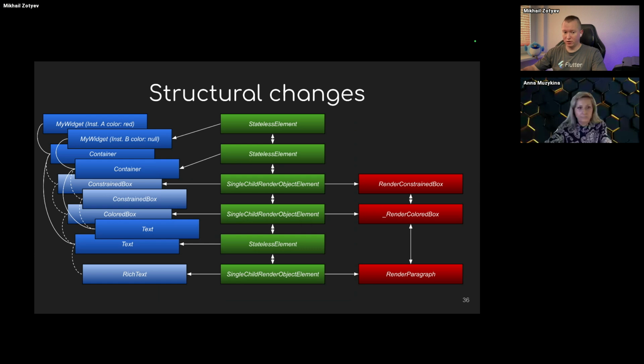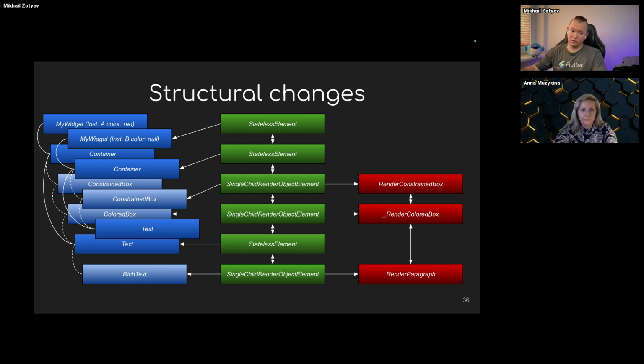And the first update on this level will be again similar. So single child render object element checks the constrained box type, it can be updated, no changes on sizes, everything is fine. But for the next thing, we had a single child render object element, and currently it's something different.